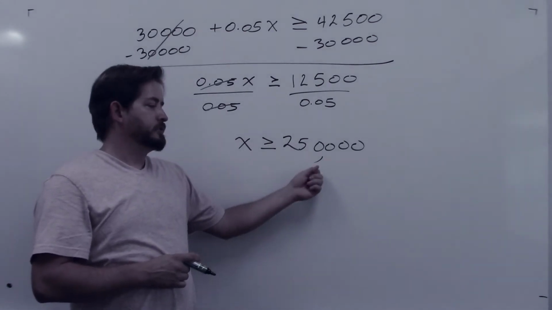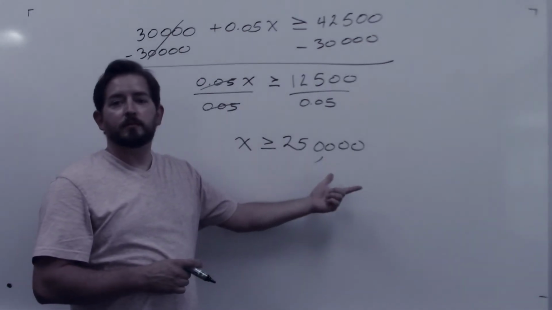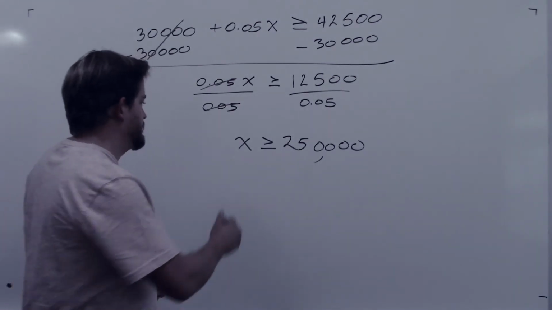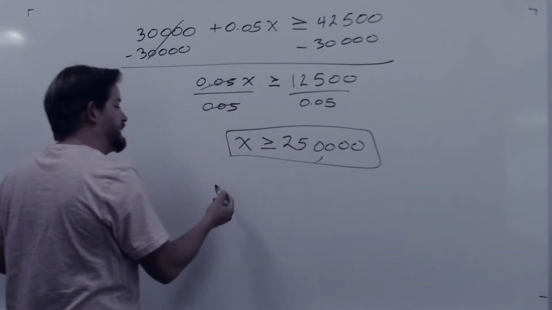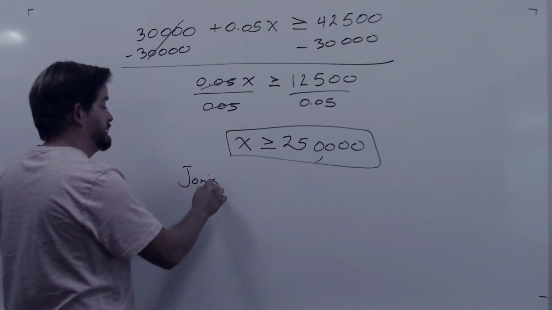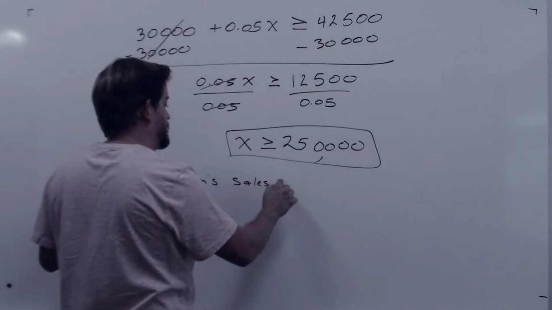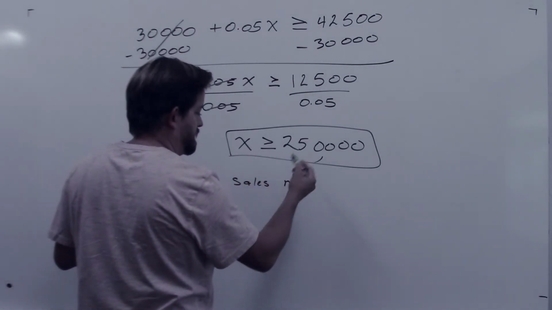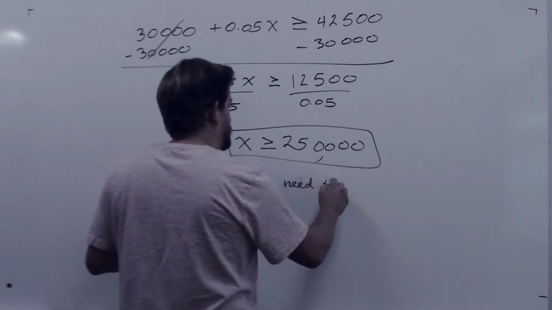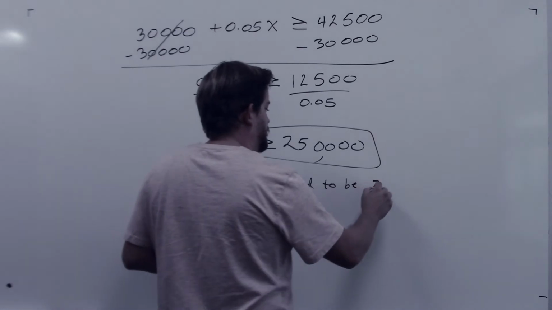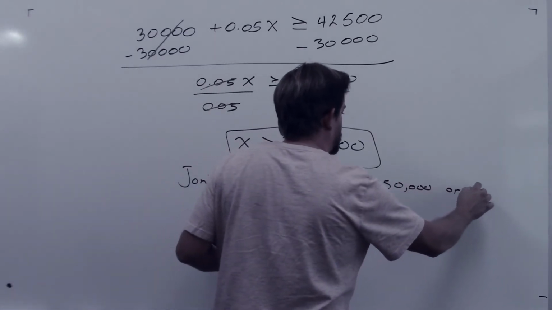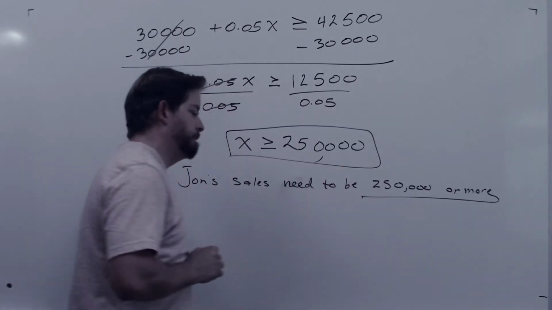Anything above this $250,000, he'll be making more than he wanted to, and he'll be happy. So that's the idea here. To state that in terms of the problem, you would say John's sales need to be $250,000 or more. And that's it.